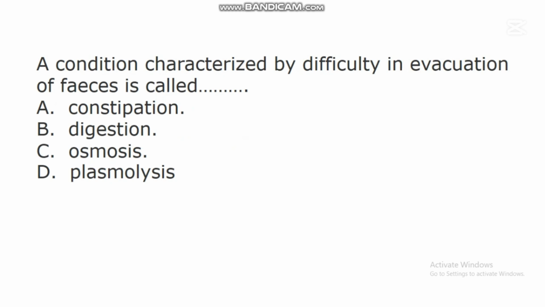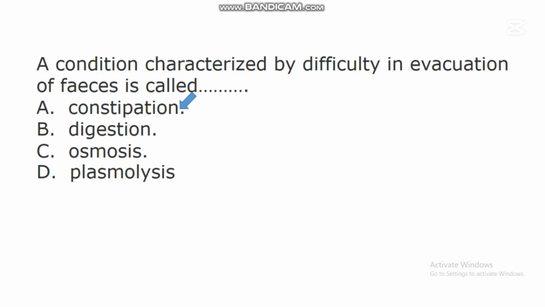In this question, the correct answer is A. Constipation. Constipation is a condition characterized by difficulty in evacuation of feces from the body. It's a problem of the digestive system.